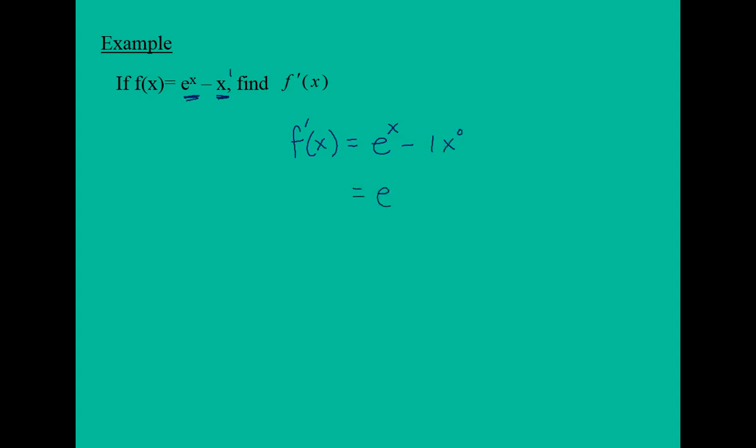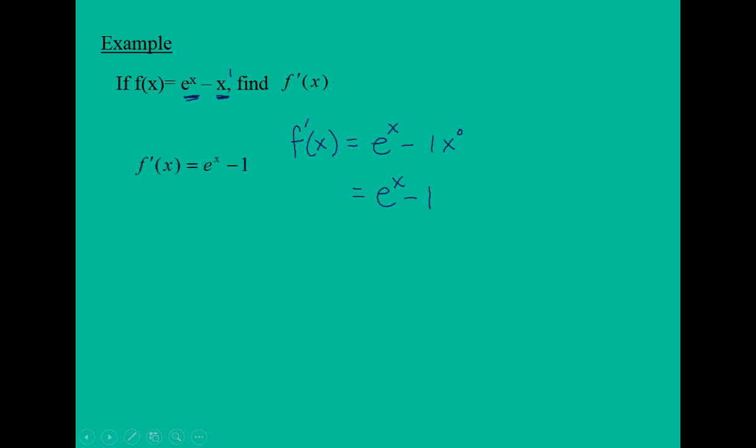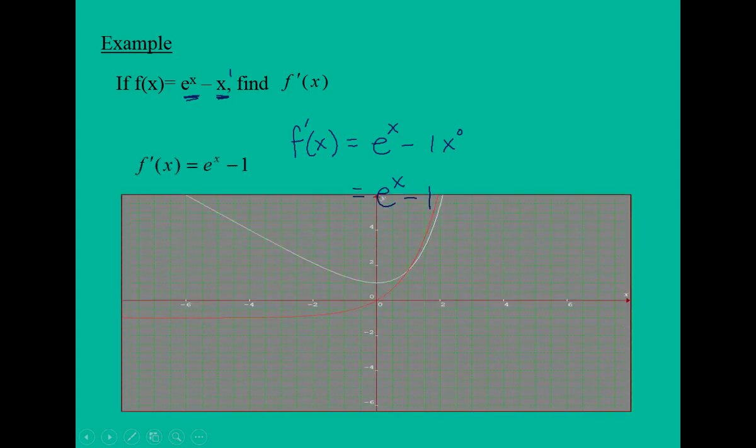So we would have e to the x minus x to the 0, which is just 1. We'd have e to the x minus 1. There's our derivative. There is our function e to the x minus x and e to the x minus 1. That's our derivative, and there's our original function.